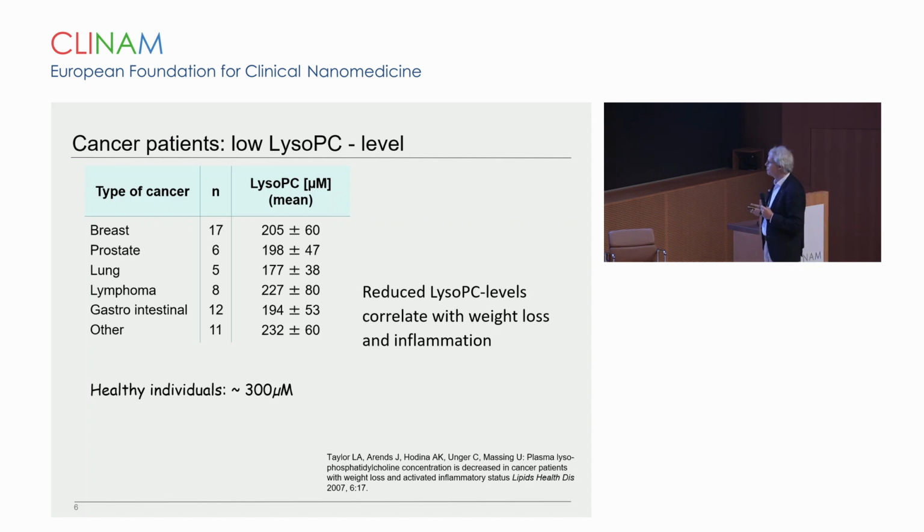And as a summary, I can say the more ill a patient is, the lower the Lyso-PC level in this patient. Lyso-PC has been discussed as a tumor progression marker.